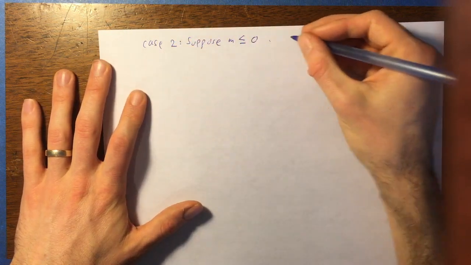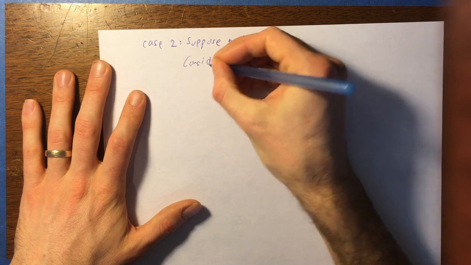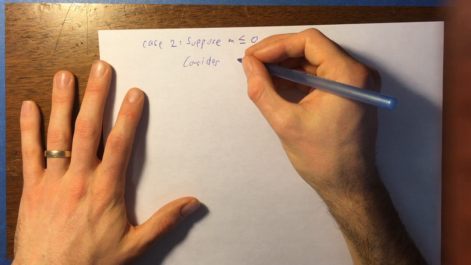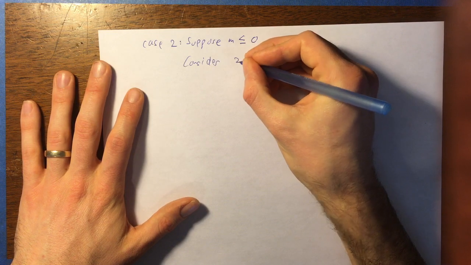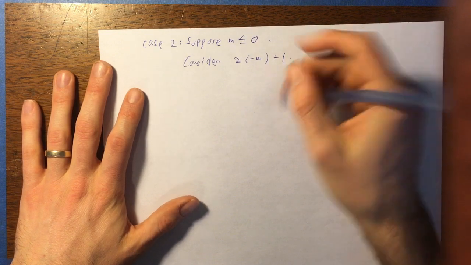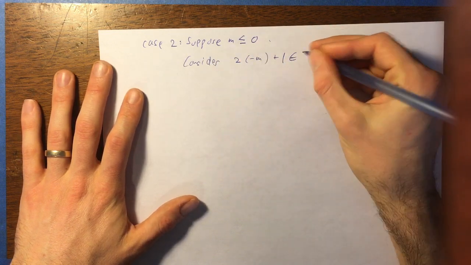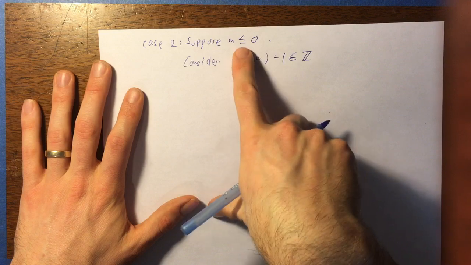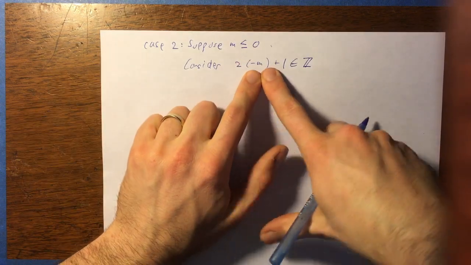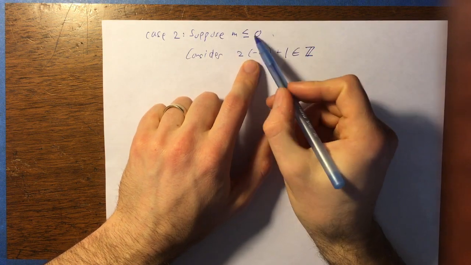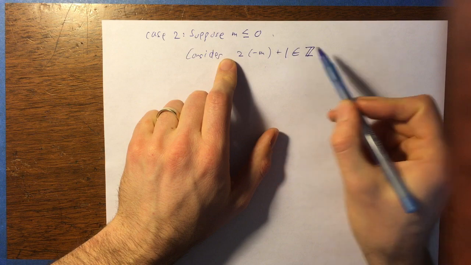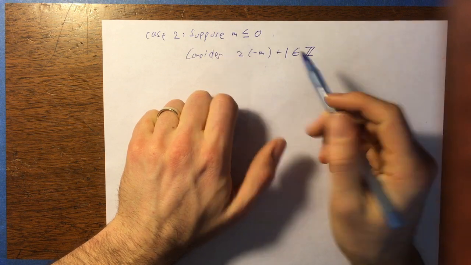I'm going to consider 2 times negative m plus 1. Okay, now that is going to be an integer. Since m is already less than or equal to 0, if it's 0, then this is 0, and then I have 0 plus 1, which is going to be positive, right?